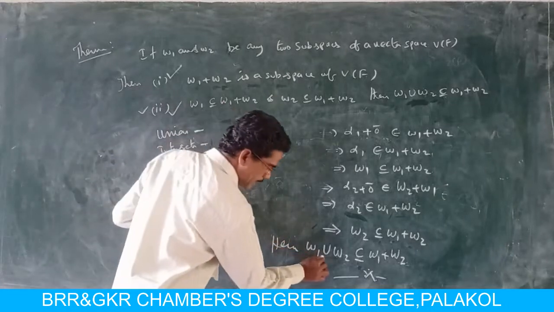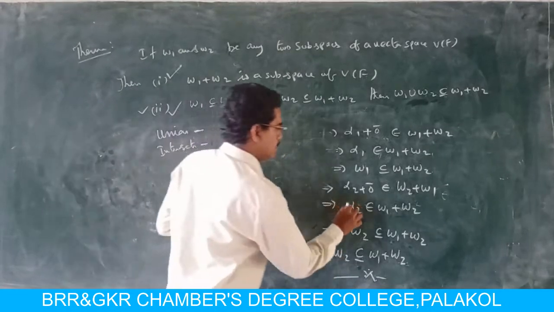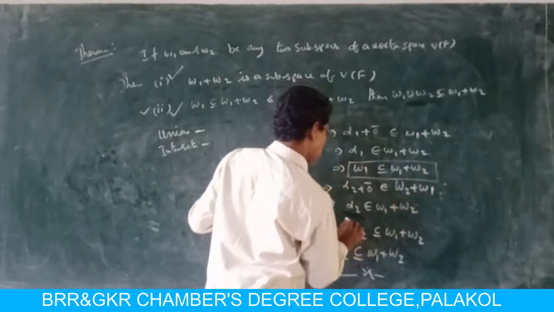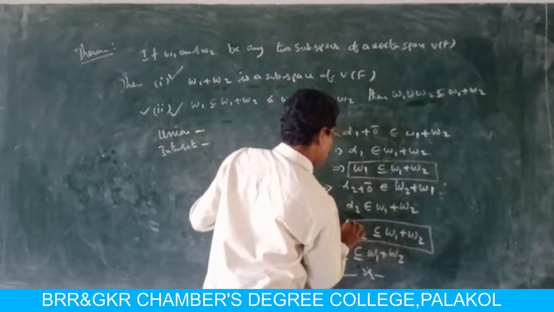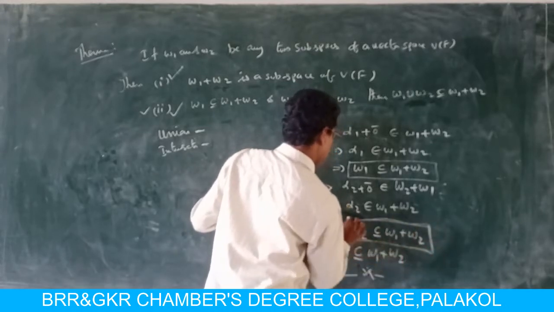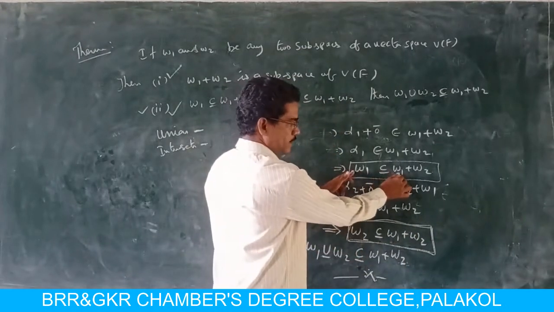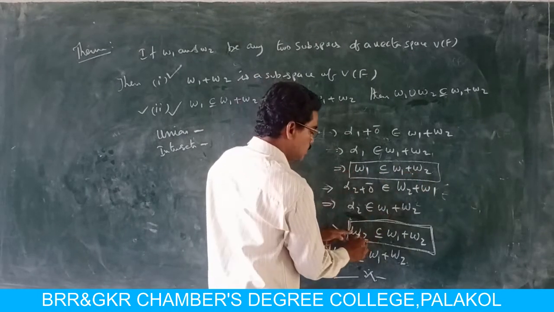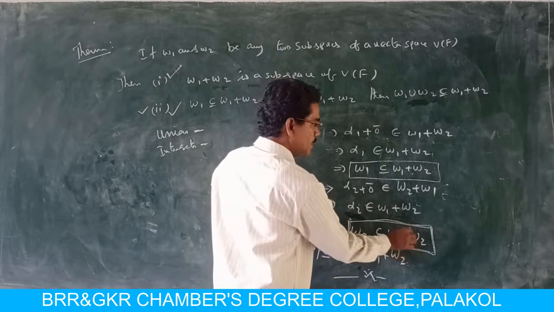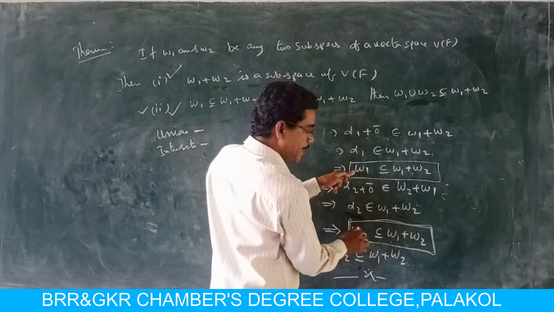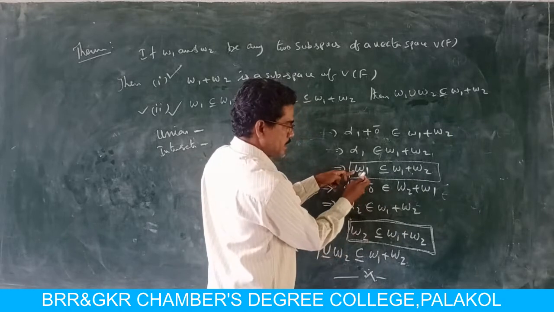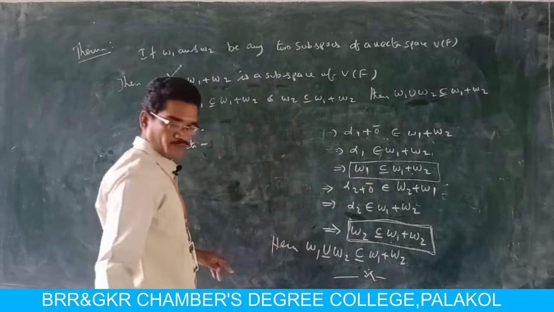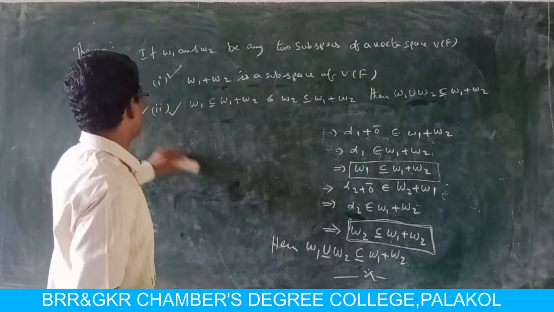Here W1 is a subset of W1 plus W2, and W2 is a subset of W1 plus W2. Then W1 union W2, the total elements in W1 and W2, is a subset of W1 plus W2. Hence the theorem is proved.